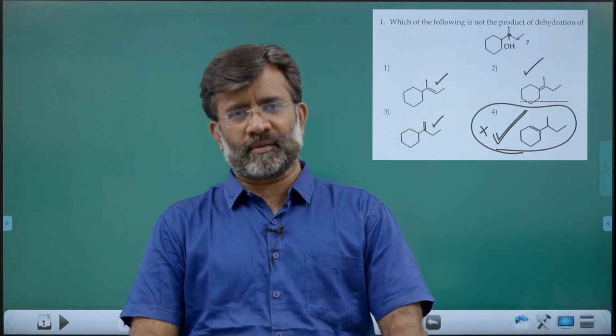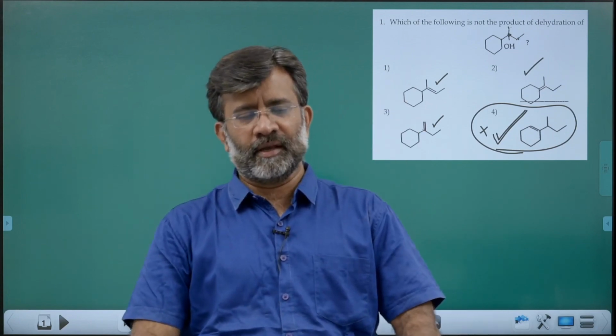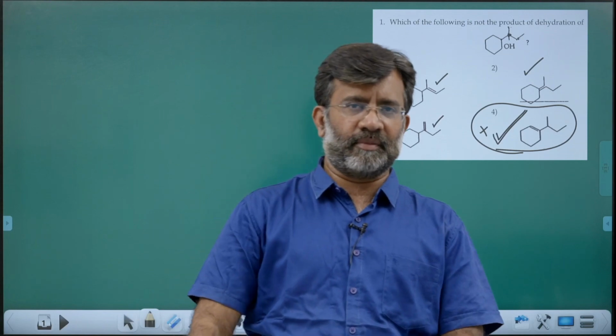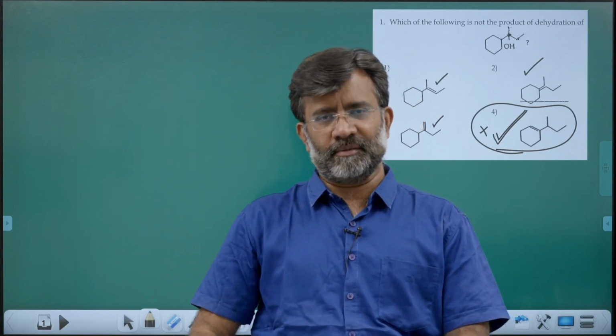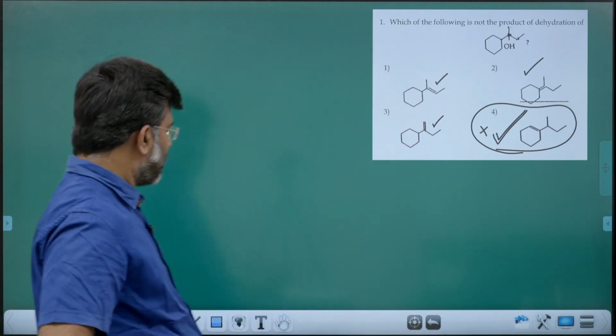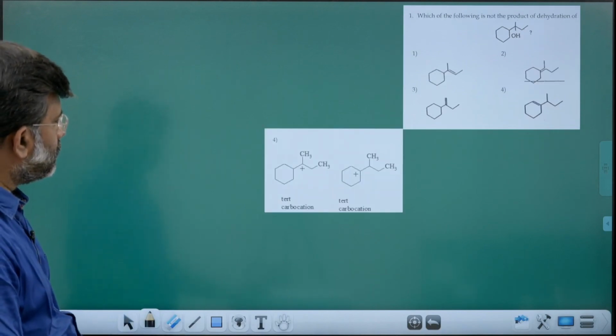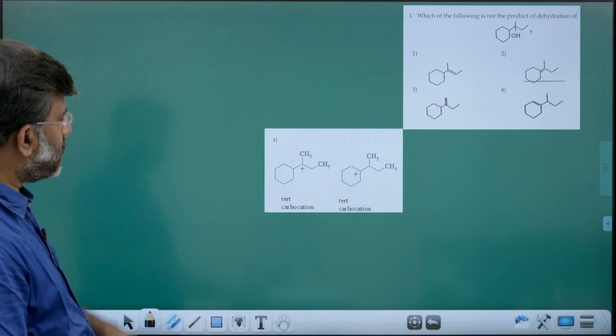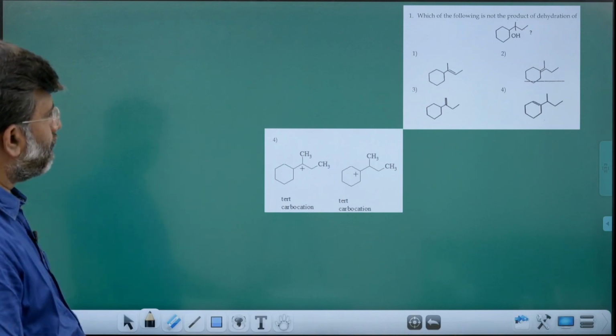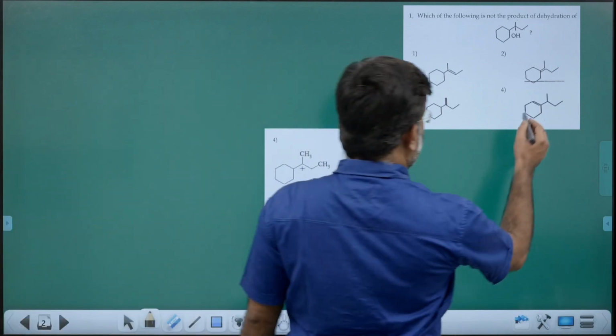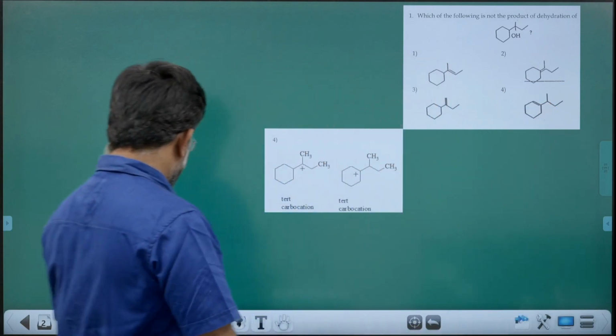From alpha carbon, the OH group will be eliminated. From beta carbon, hydrogen will be eliminated, and that is the dehydration process. So the fourth one is not possible because a double bond is coming over here. Next question.